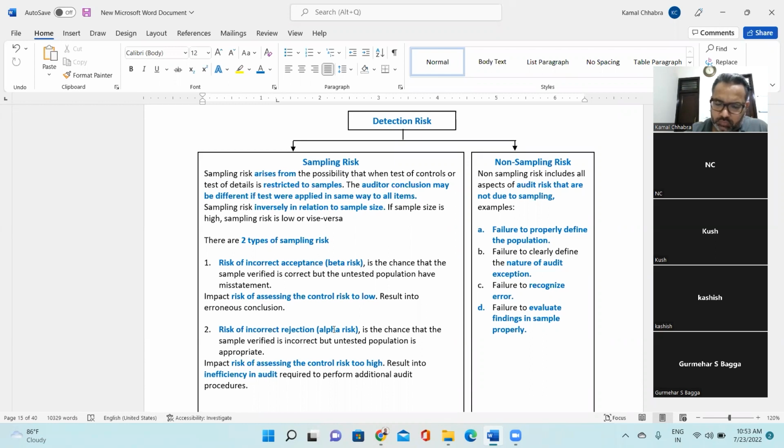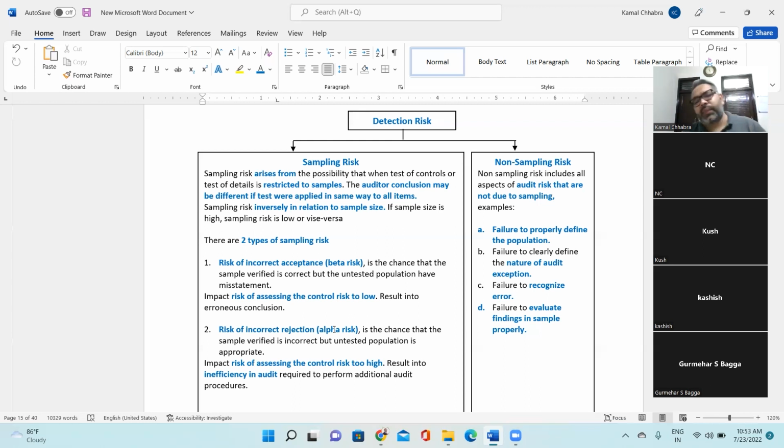So that is detection risk in a way. Yeah, so we are studying detection risk only. Within that, we are trying to understand when detection risk is relating to sampling and when it is not relating to sampling. Okay, thank you.